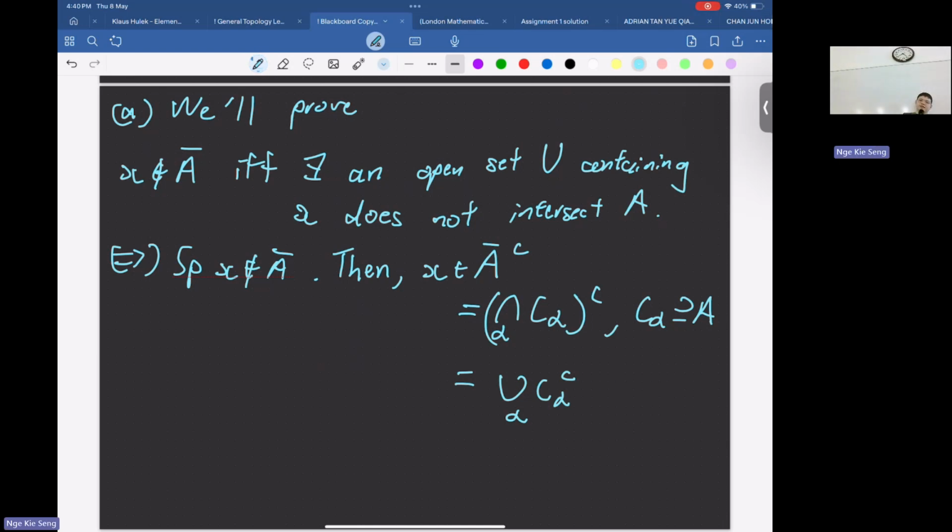What can you do here? Don't forget your goal. What's your goal? What are you trying to do? You have to find an open set containing X that doesn't intersect A. So what's the U you can take here?